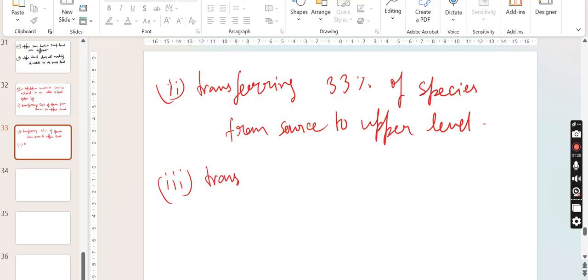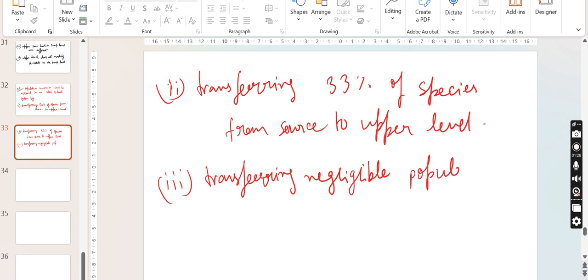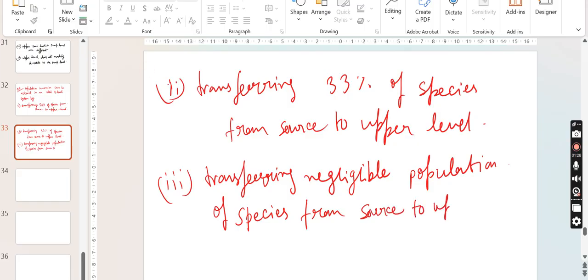Transferring a negligible population of species from source to upper level. Population inversion is intrinsic.